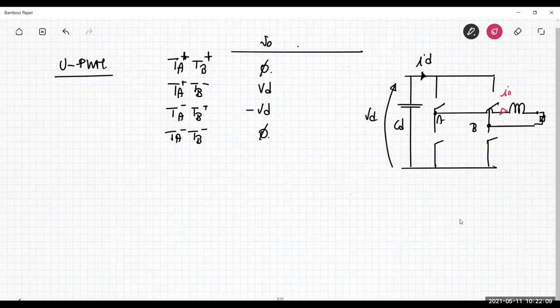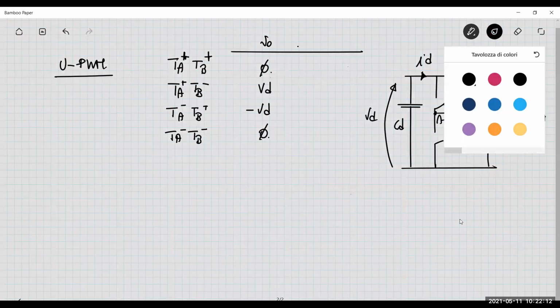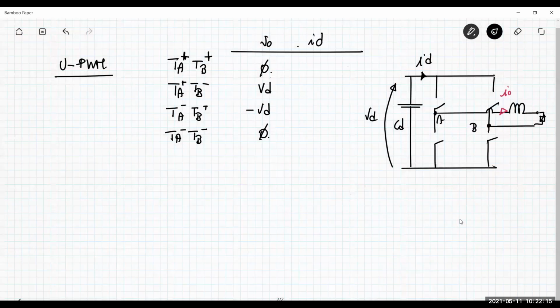What happens to the current ID when both transistors TA plus and TB plus are on? It means that you are in this situation. Basically the current recirculates in this mesh here, depending on the kind of transistor you are using. It can circulate through diodes or MOS or the transistor itself, but that is not important.